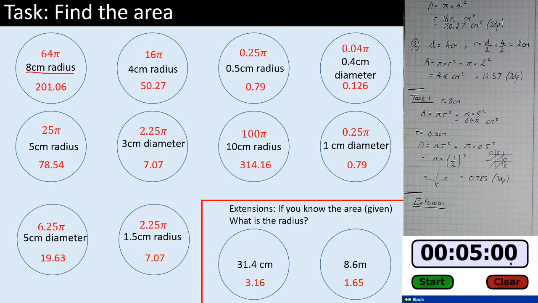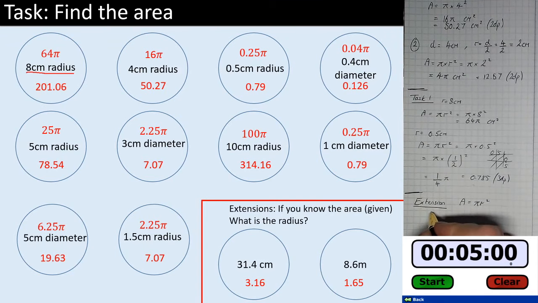That's been our main feature for today. So what our extension questions are asking us is, if we know what the area is, can we work out what the radius is? So this is like us looking to solve equations to figure out what our radius is.